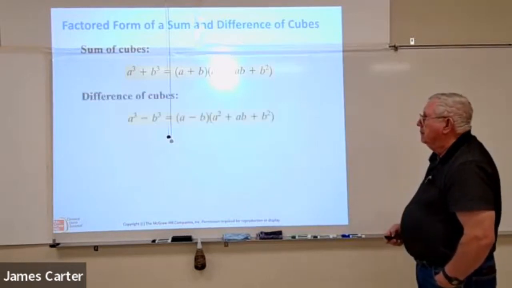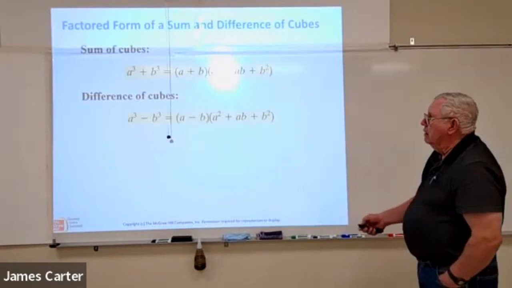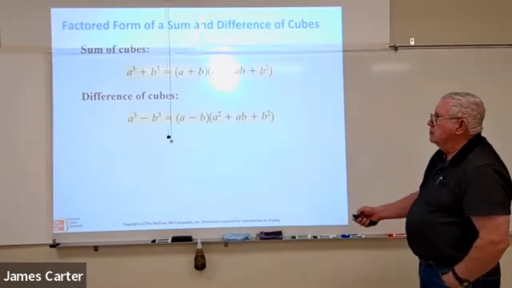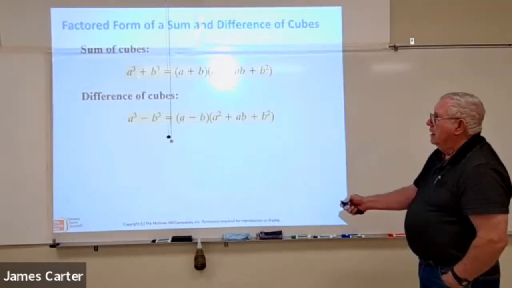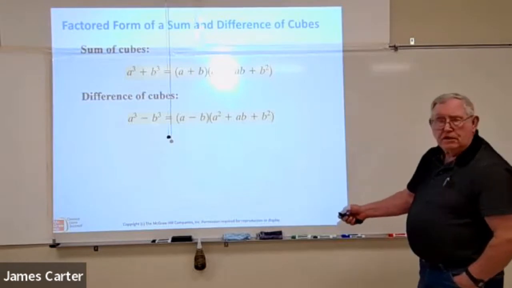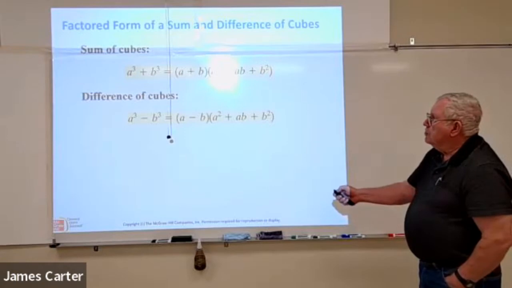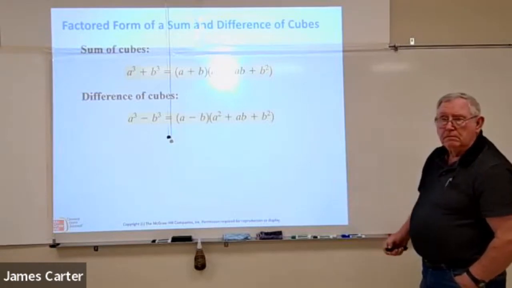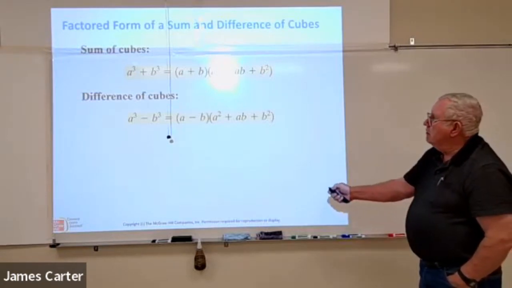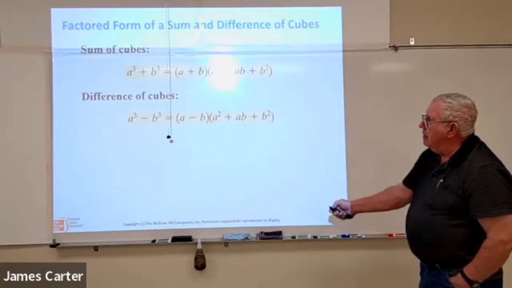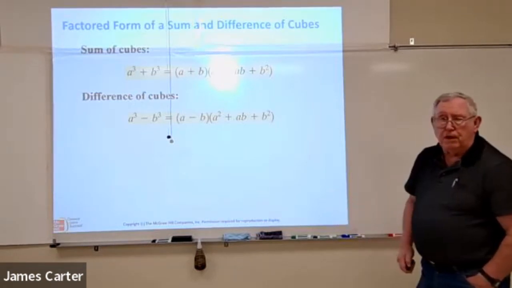Okay? Here's the other one, by the way. Let me show you a contrast between these two. Now, this is the sum of cubes. This is the difference of cubes. Look at the first term sign. In both cases, the first term sign is the same as the sign of the original problem.